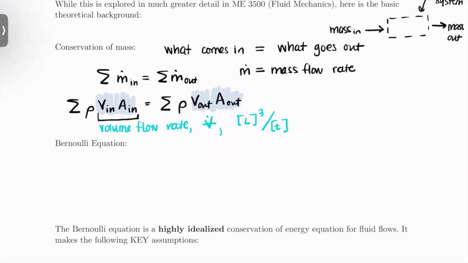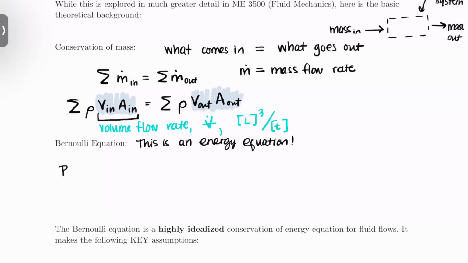And then our Bernoulli equation is essentially an energy equation. And it looks like this.